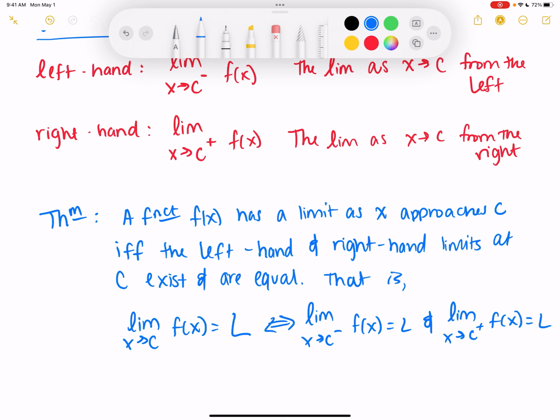So basically, if you were finding one and two-sided limits, if your limit of your left hand and your limit of your right hand are not equal, then the entire limit does not exist. So that's what this is basically saying. It'll make more sense when you see an example of it.